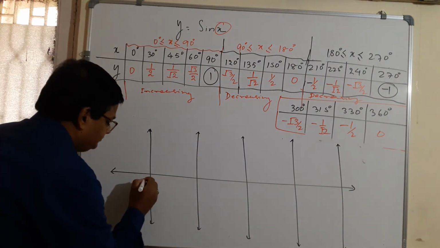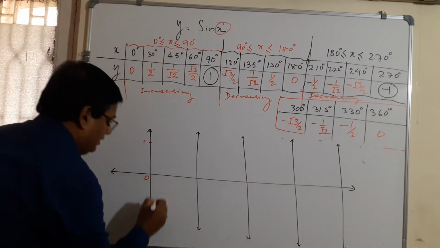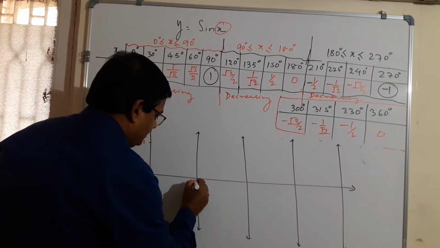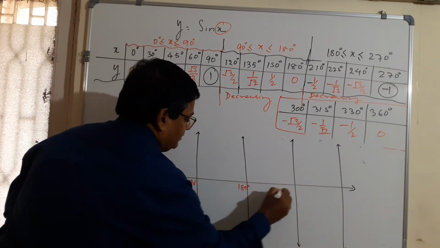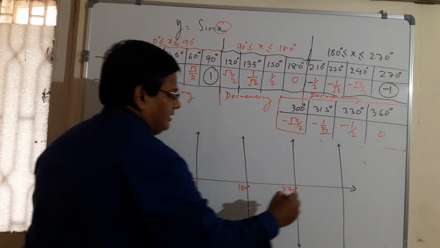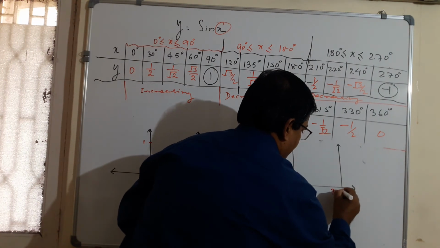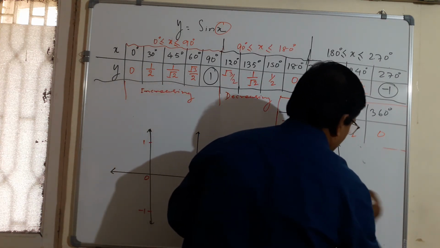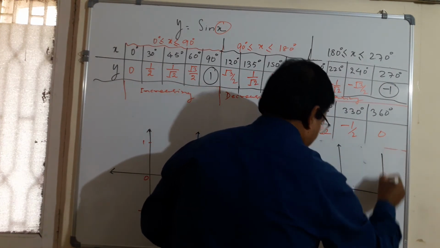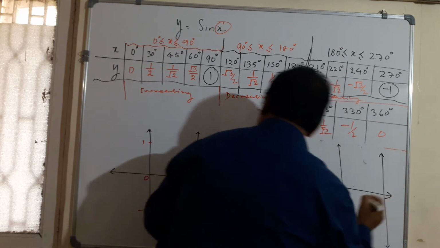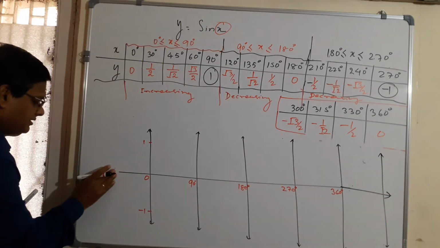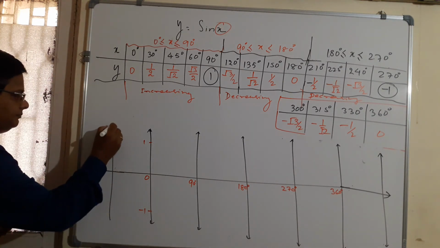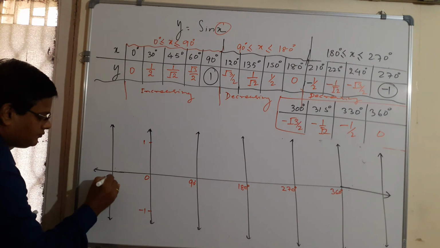So 0, here 1, here minus 1, here 90 degree, 180 degree, 270 degree, and 360 degree. And you can extend this one. Then again here will be first quadrant. And on this side, if you want to extend, here will be fourth quadrant, minus 90 degree.